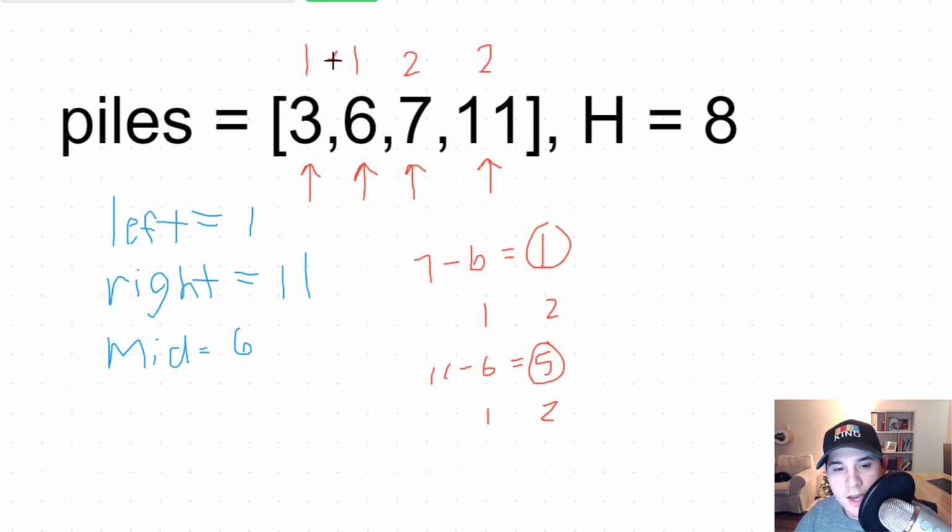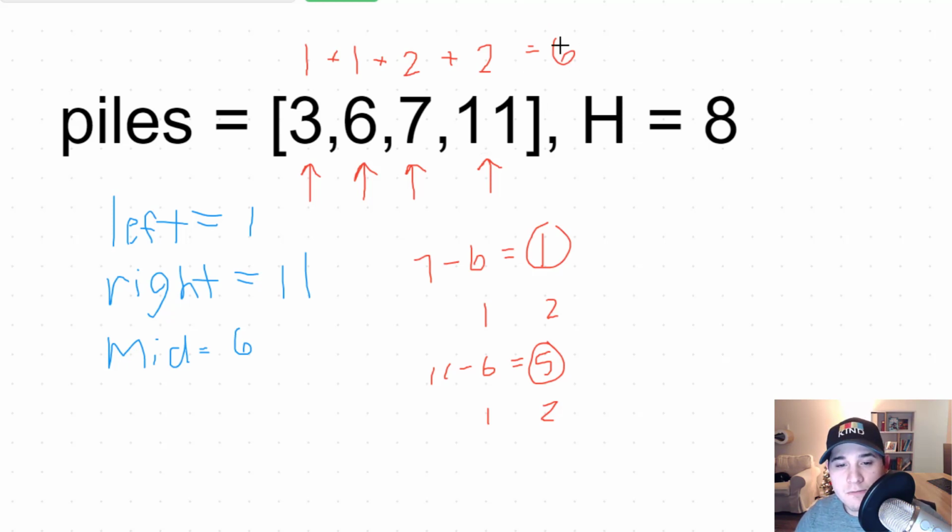So then we add up all of these hours. So that's 2, 4, 6, right? And since the number of hours it took is less than or equal to h, that means we need to decrease our right pointer. Because remember, we're trying to optimize k.